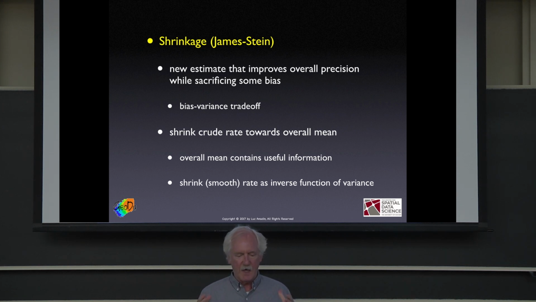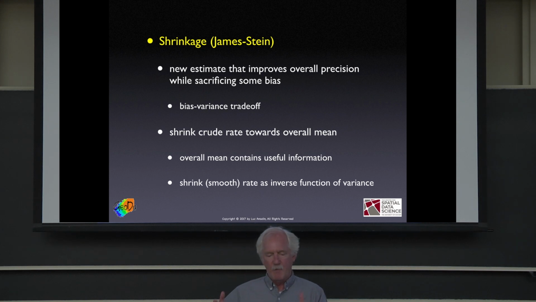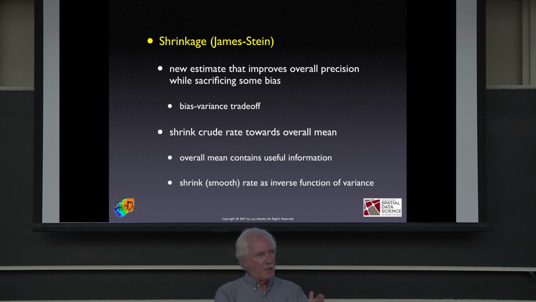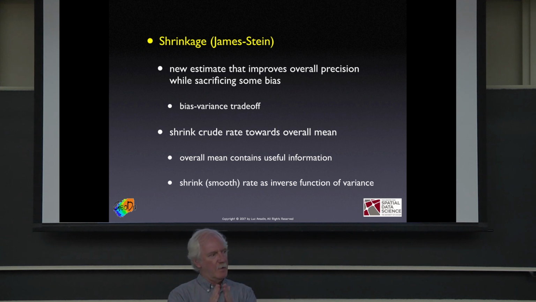So the idea is that the overall mean, in Bayesian terminology you could think of that as a prior notion, has some validity and helps you get a better estimate in a mean squared error sense. So the way you're going to do this is you're going to say, okay, my new estimate, my shrunk estimate, will shrink my crude rate towards the overall mean.